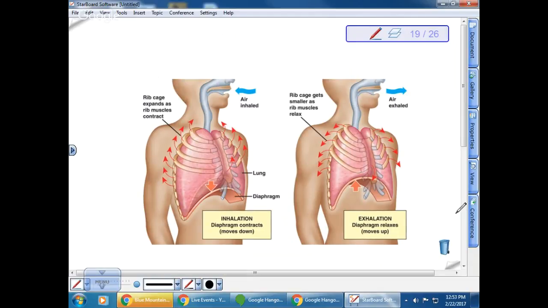So the diaphragm contracts and moves down, and air just automatically flows into our lungs. So that would be the negative pressure. For exhalation, we would contract our intercostals, so the rib cage gets smaller, and the diaphragm would move up.